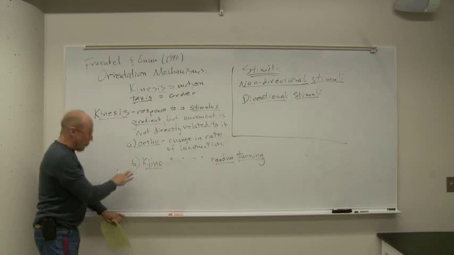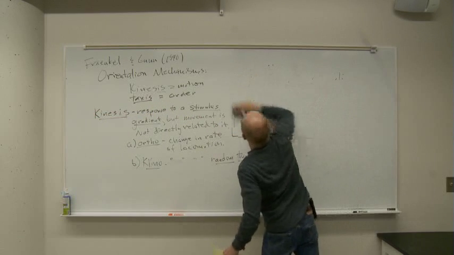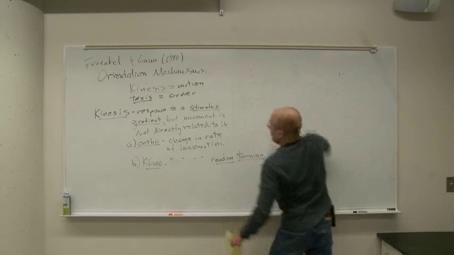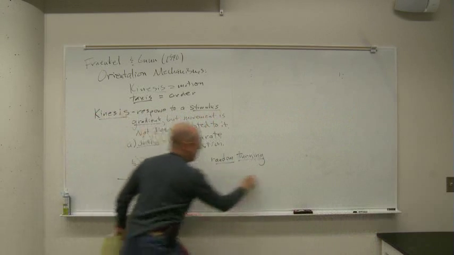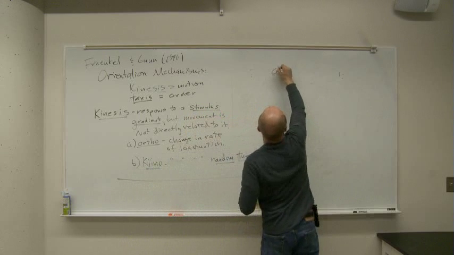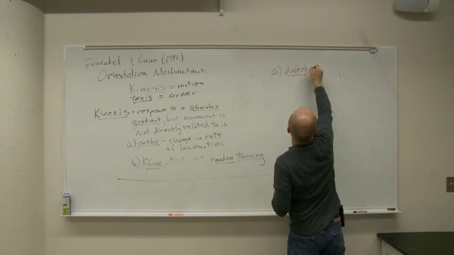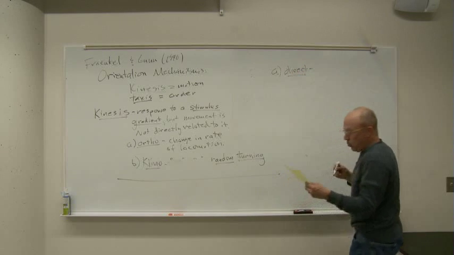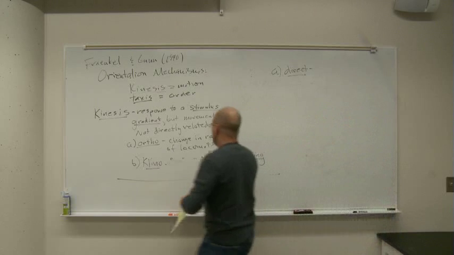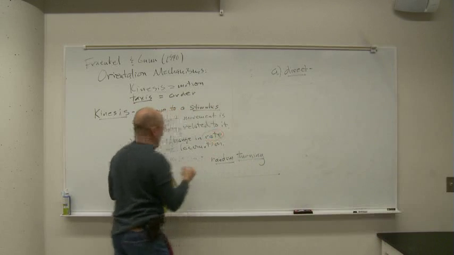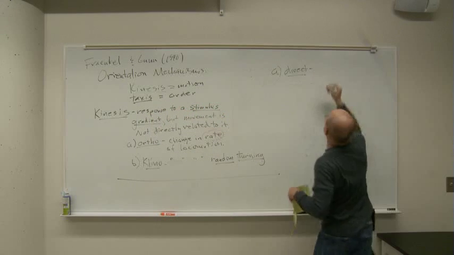Then what we want to do is further qualify these things. We want to further qualify these kineses with another set of terms. So the next one would be a direct kinesis, and this one is where the rate that we're talking about, so we have this word rate here, increases with increasing stimulus intensity.